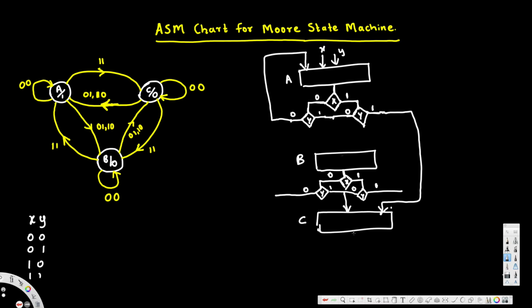Okay, I drew it for B, I have to draw it for C as well. X, Y, and again we will have a Y right here. This one is 0, this one is 1, again this one is 1, this one is 0, and here it's 0, and this one is 1, and that's it.